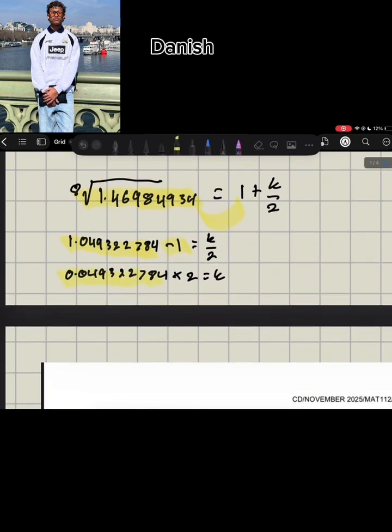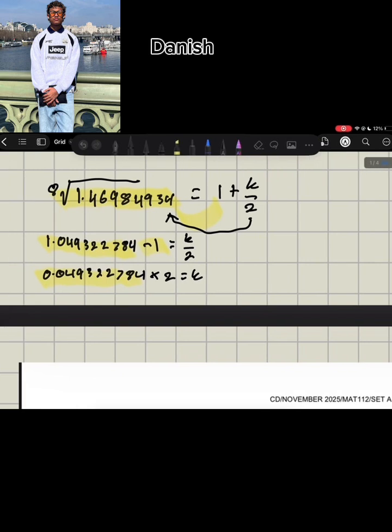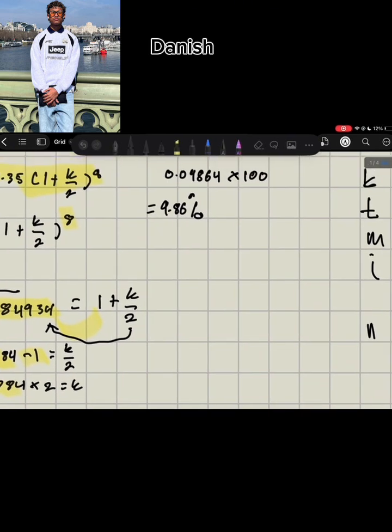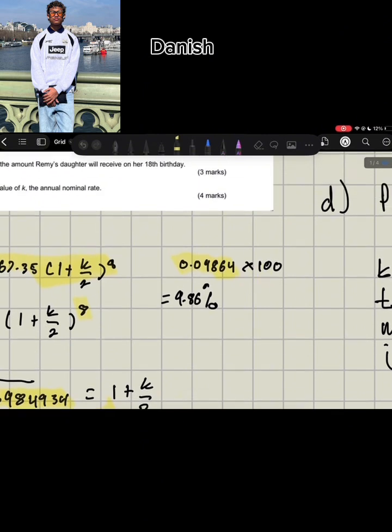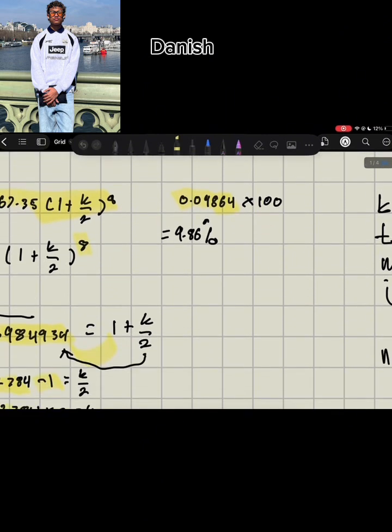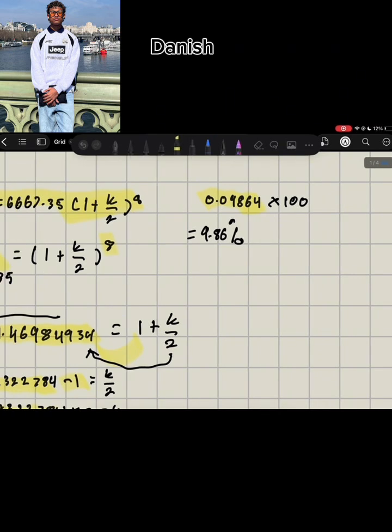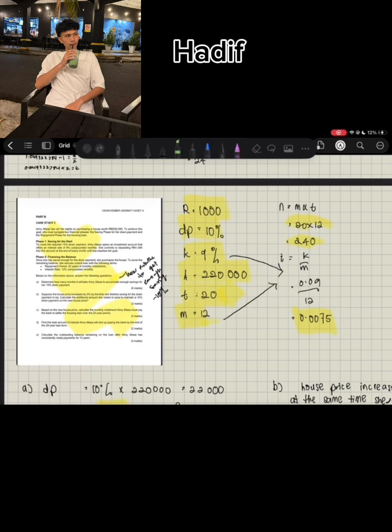The answer will be this one, and you need to times 2, because if we transfer it to this position, it will become time. You will get this answer inside the calculator, and you need to times 100 because the annual nominal rate is in percentage form. So you will get this answer. Okay, next we move to the next question.